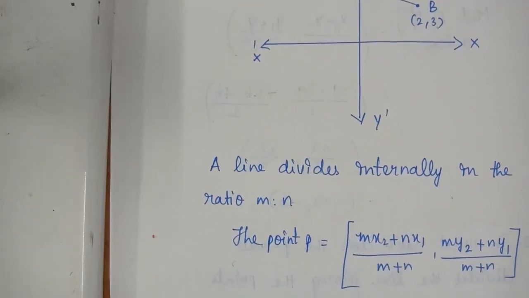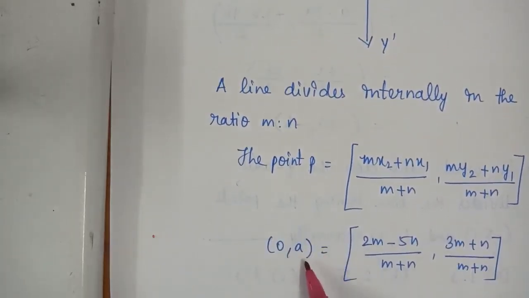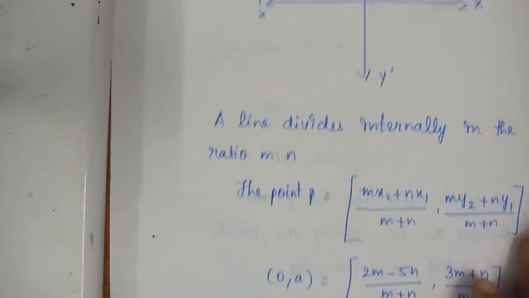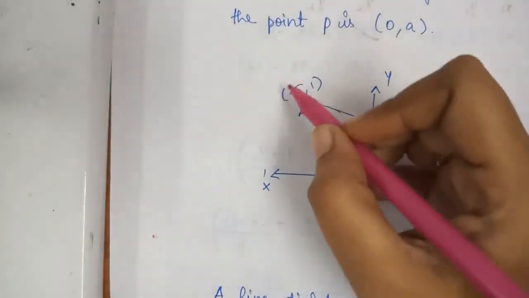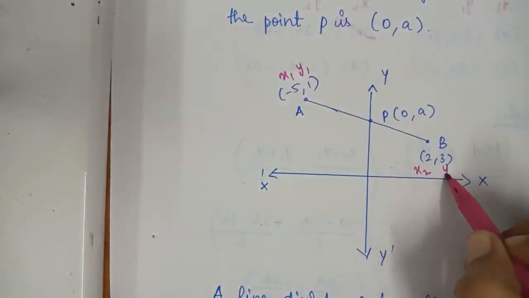We know the formula. The point P is equal to (mx2 plus nx1) divided by (m plus n), comma (my2 plus ny1) divided by (m plus n). So the point is (0, a), and you just substitute the values of x1, y1 and x2, y2.